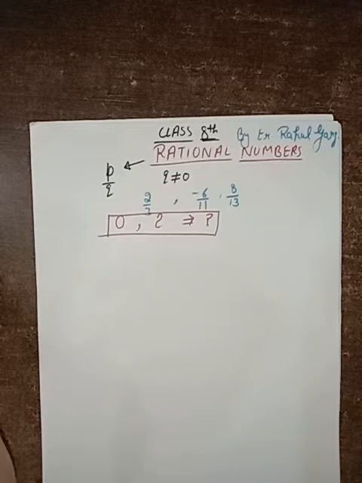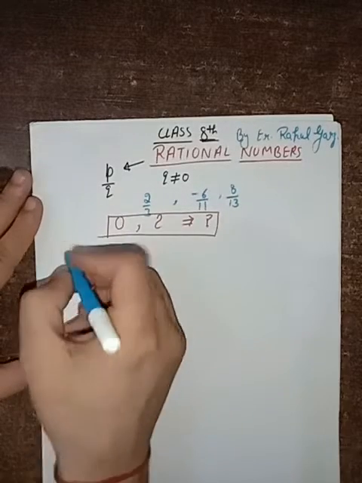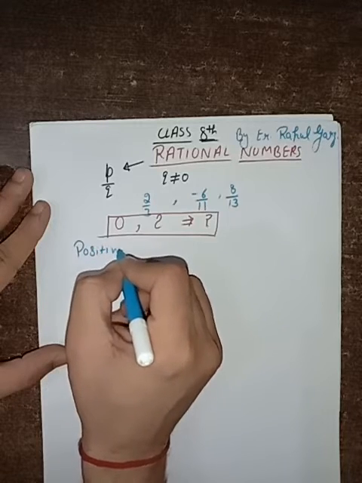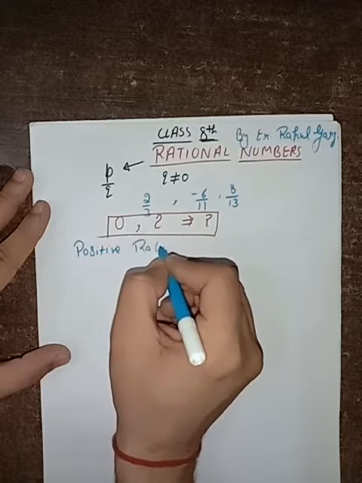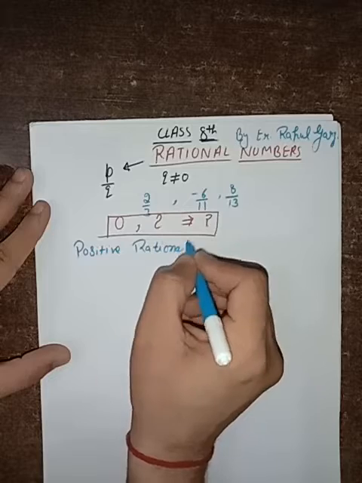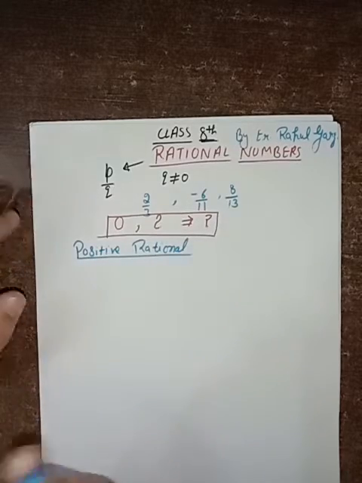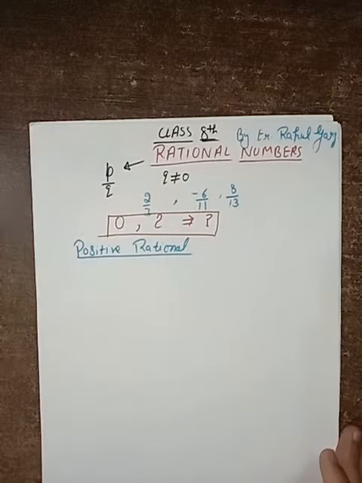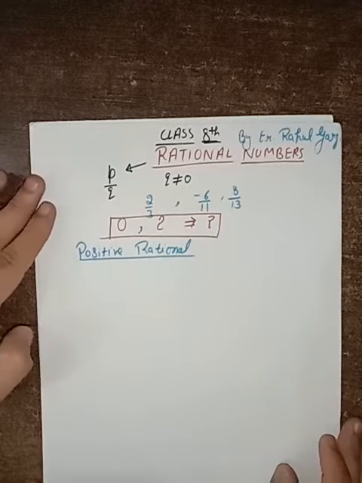Now, types of rational numbers. Firstly, we will define positive rational numbers. What are the conditions for a number to be a positive rational number?